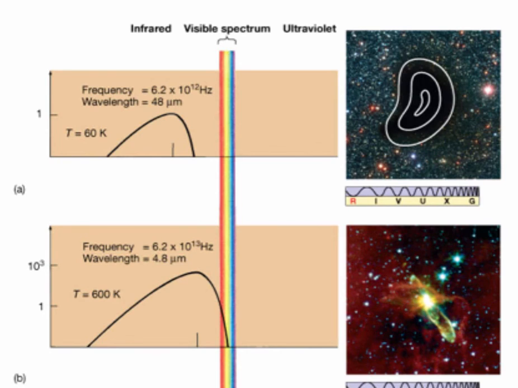It's 60 degrees above absolute zero. And if we use Wien's law, we would find that its spectrum peaks at a wavelength of 48 micrometers, which is in the very far infrared, almost into the radio light. So we would use a far infrared telescope or a radio telescope to study this cloud because it's just not putting out much light to speak of in the near infrared or in the optical light.